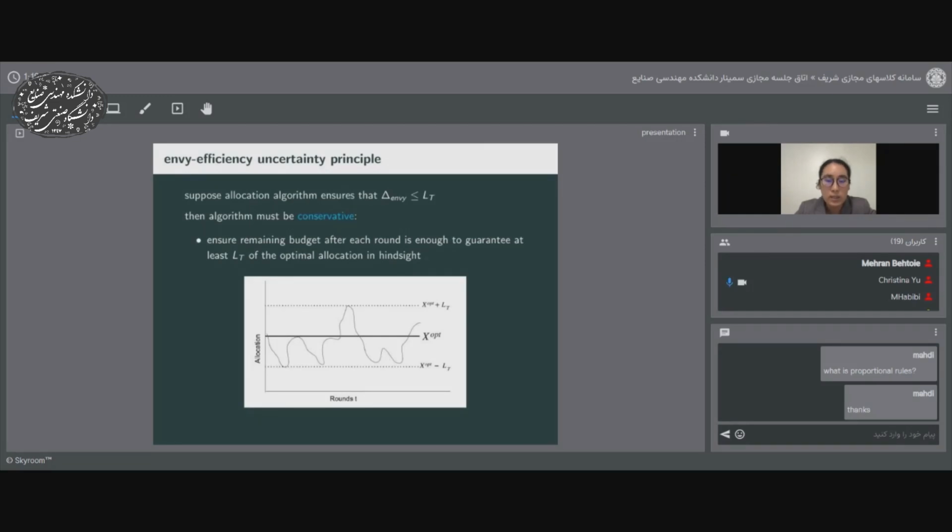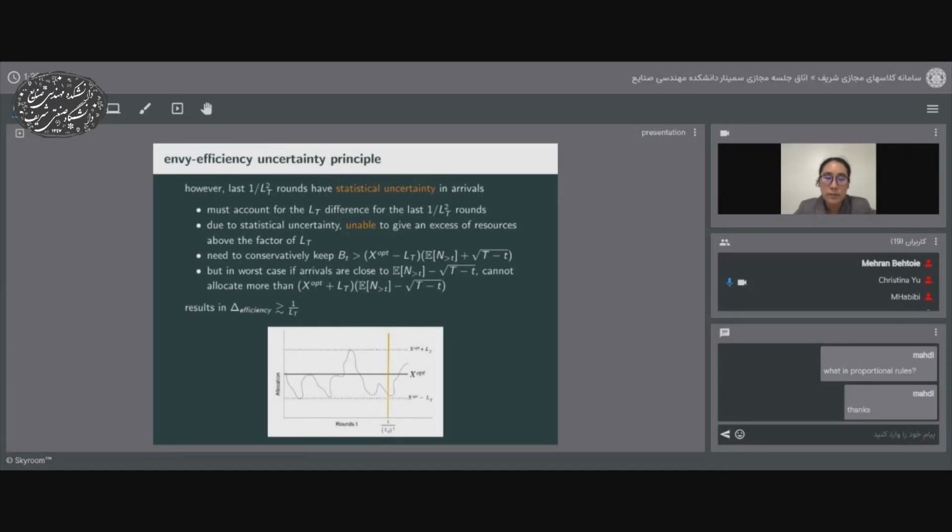So in order to make sure that the algorithm has enough to satisfy this minimum guardrail, the algorithm has to be conservative. And that needs to ensure that the remaining budget after each round is enough to guarantee at least x opt minus LT of the optimal allocation in hindsight.